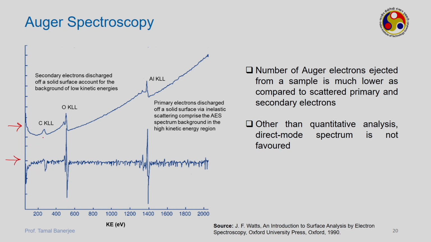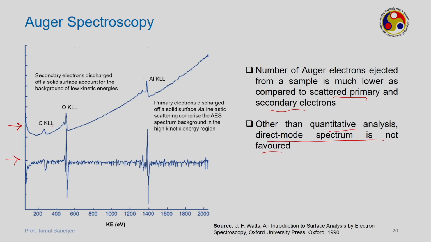So, indirect mode, because these Auger spectra are usually weak. They are weak means their intensity is weak. So, you cannot record it in a sharp manner, but if you differentiate this intensity, the peaks are very sharp, as you can see here. So, the number of Auger electrons ejected is much lower as compared to the scattered primary and secondary electrons. Other than quantitative analysis, direct mode spectrum is not favored. So, what is this direct mode spectrum?